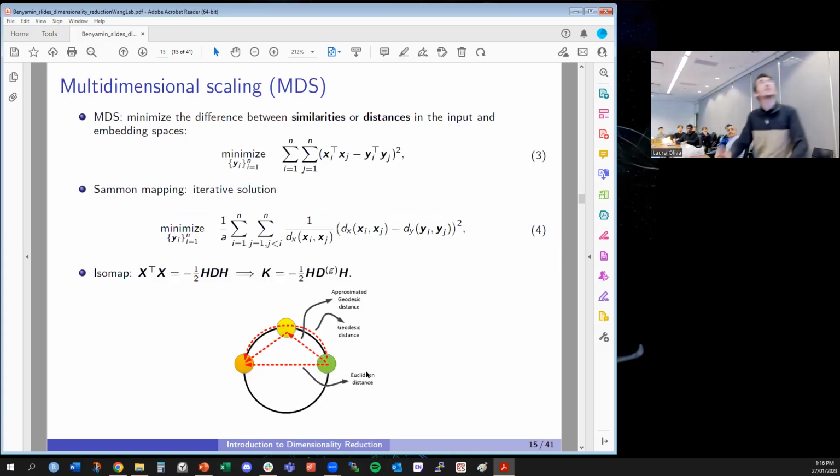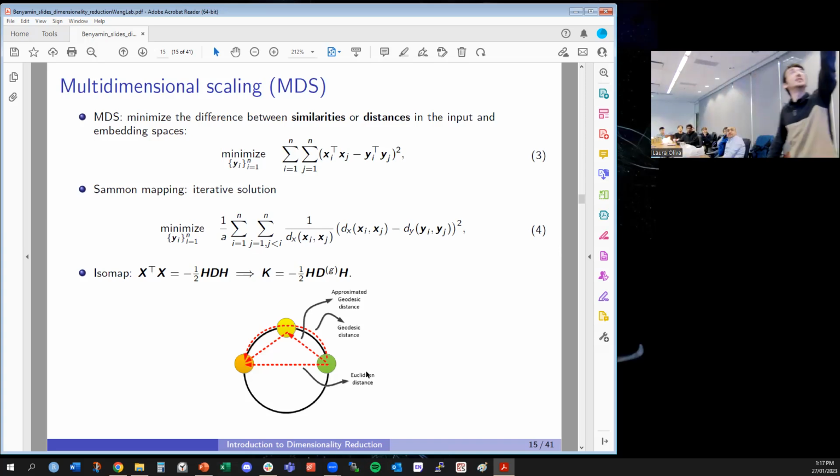So here MDS says, okay, let's see. These are the similarities, x_i transpose x_j, cosine similarity between data points, and y is the embedding in the subspace. So it says that I want to minimize the difference between the similarities in the input space and the similarities in the embedding space, right?